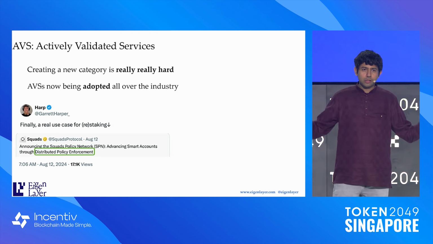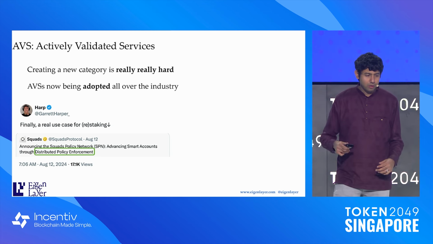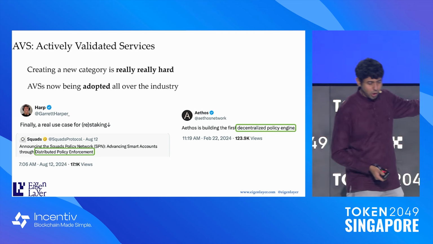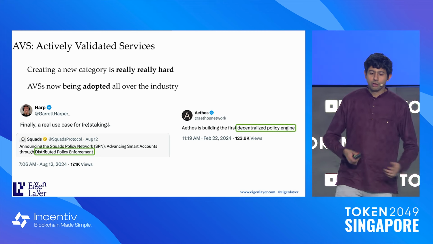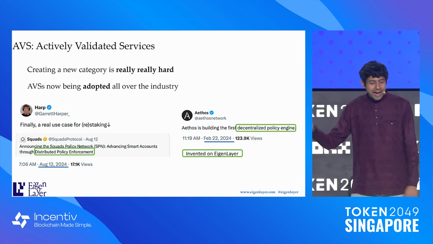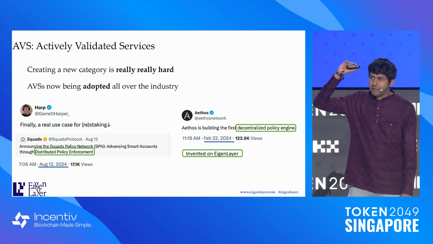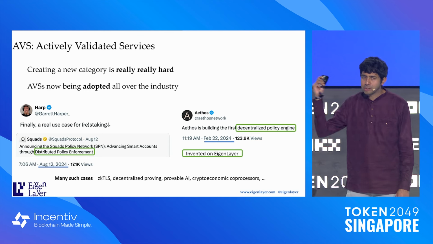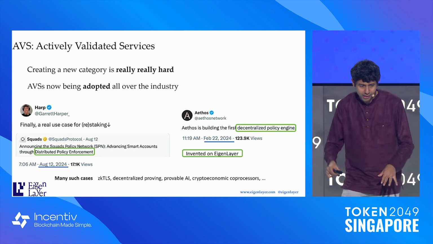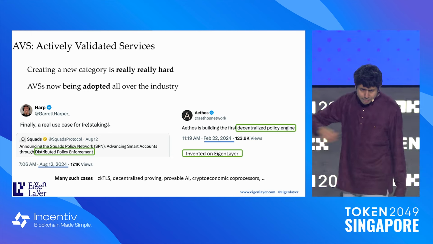And they were saying, this is something new that was only invented on Solana. Actually, Ethos, one of our protocols on EigenLayer, invented this idea of the decentralized policy engine back in February. And what we see is basically innovators, inventors coming and inventing some of the best, coolest stuff in crypto on EigenLayer. And many, many such use cases.